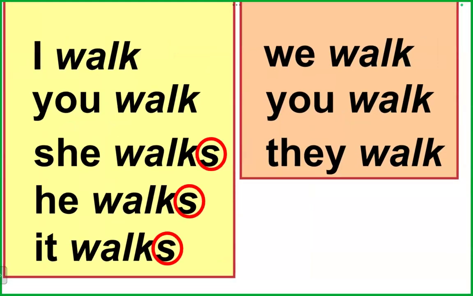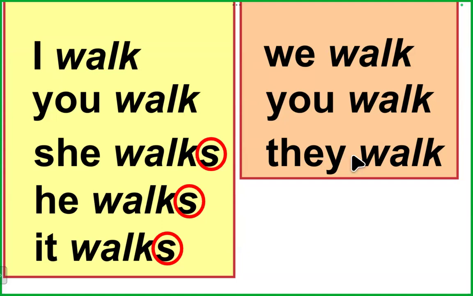In this case, these are the personal pronouns. What's the verb? The verb here is walk. Walk in our language means caminar. So you say, I walk, you walk, we walk, you walk, and they walk.